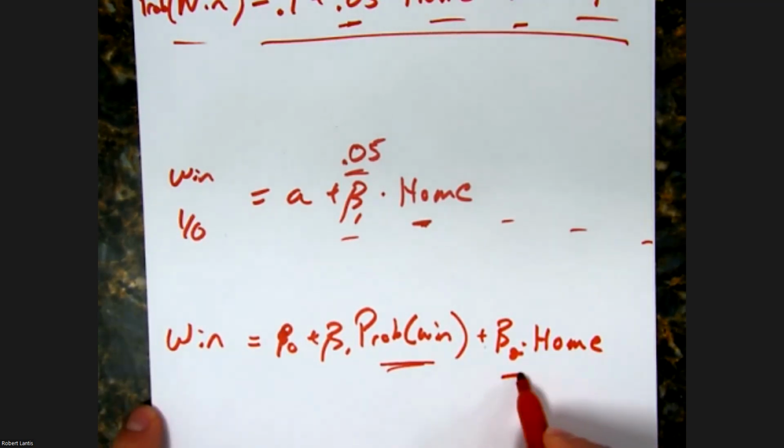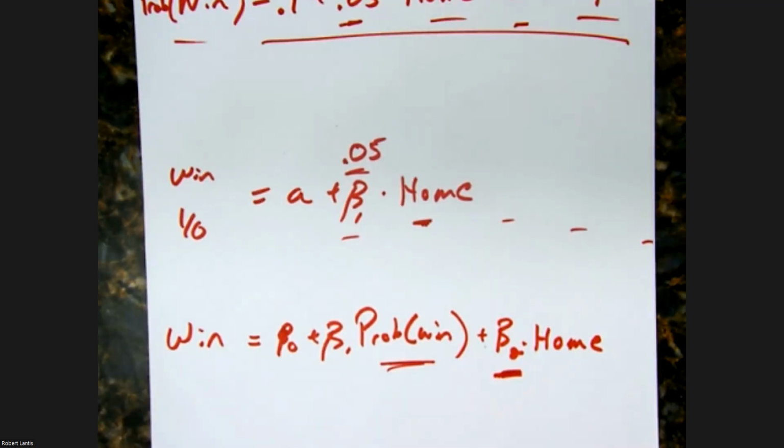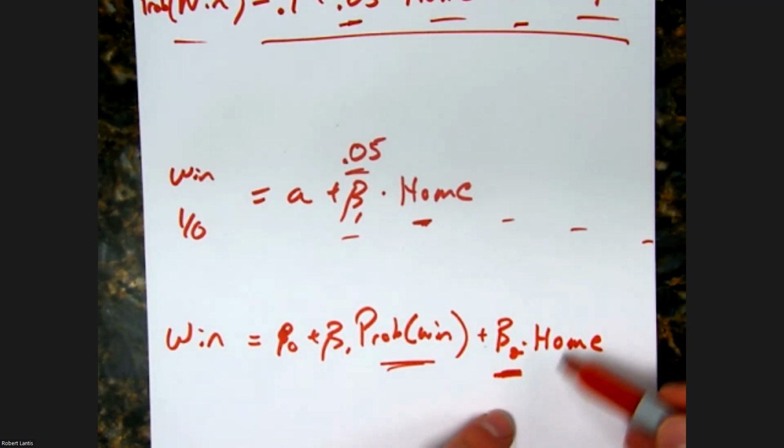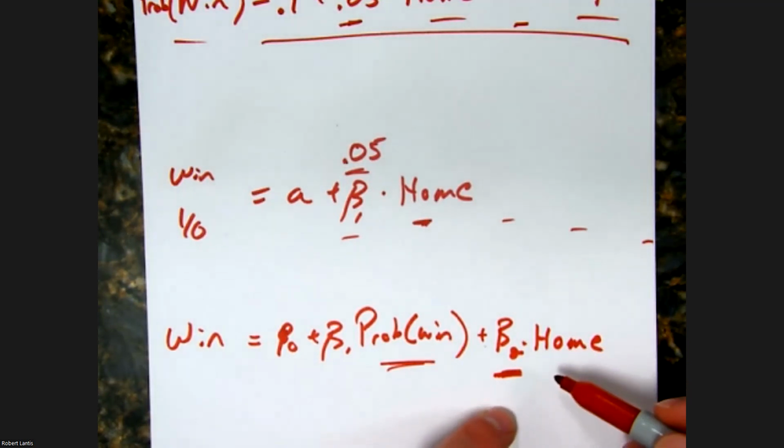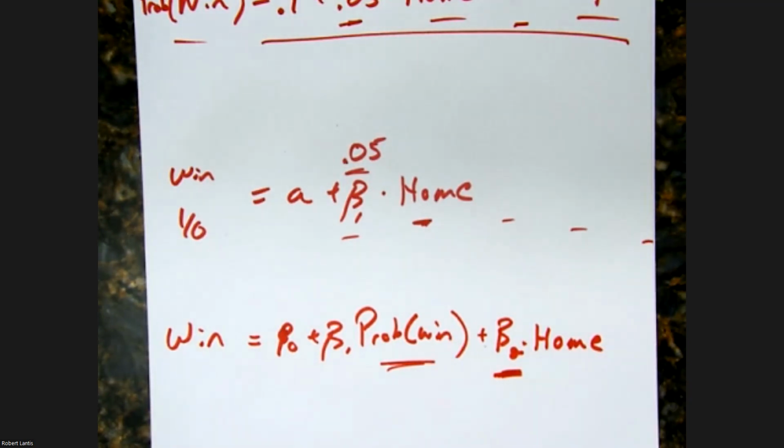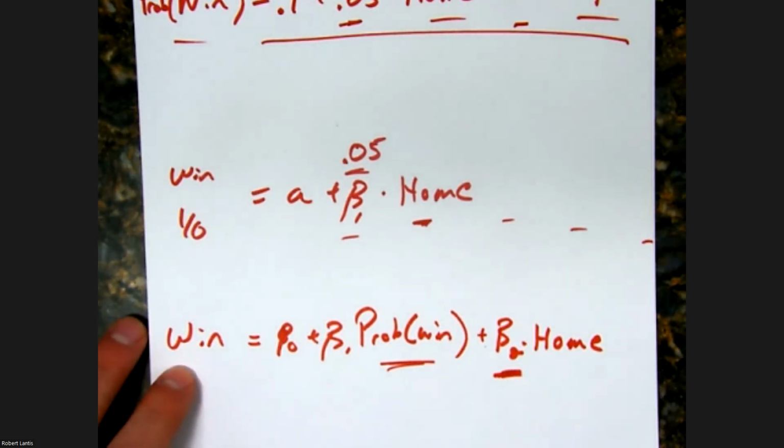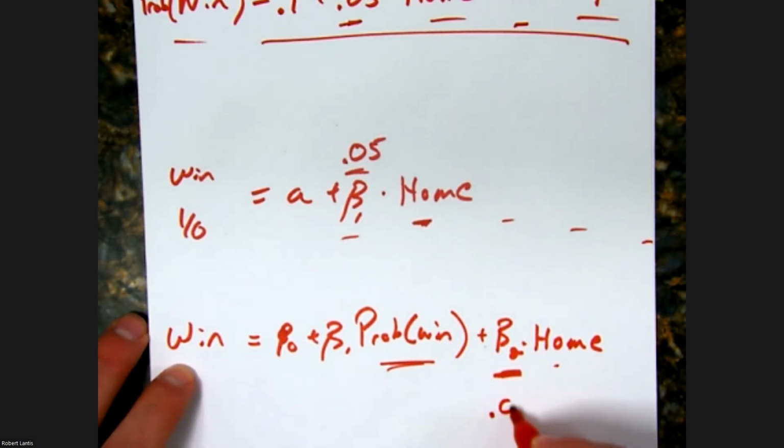So if I find any additional effect here, anything other than 0, that's telling me how far off those sportsbooks are, because now I'm looking at the actual game and whether or not they won. If they were the home team, and let's say this is 0.02, that's saying the sportsbooks are actually not increasing the probability as much as they should be.